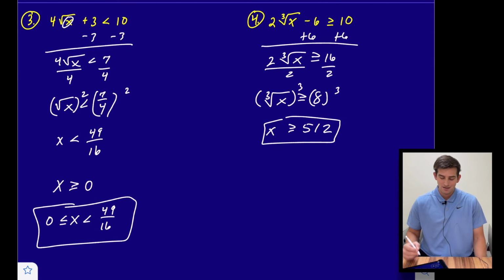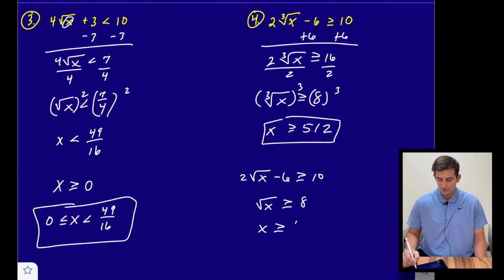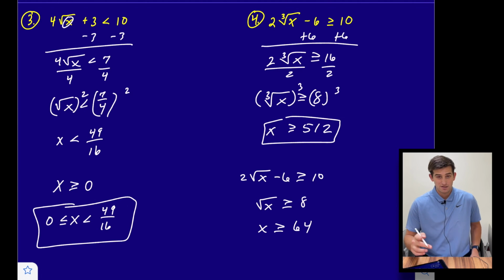Now, let's say this were a square root. So let's say it was like this: 2 times the square root of x minus 6 is greater than or equal to 10. We do the same thing, we add 6, we divide by 2, and we're going to end up with the square root of x is greater than or equal to 8. So now we square both sides, we get x is greater than or equal to 64. Now, we consider the possible values of our domain because it's a square root function.